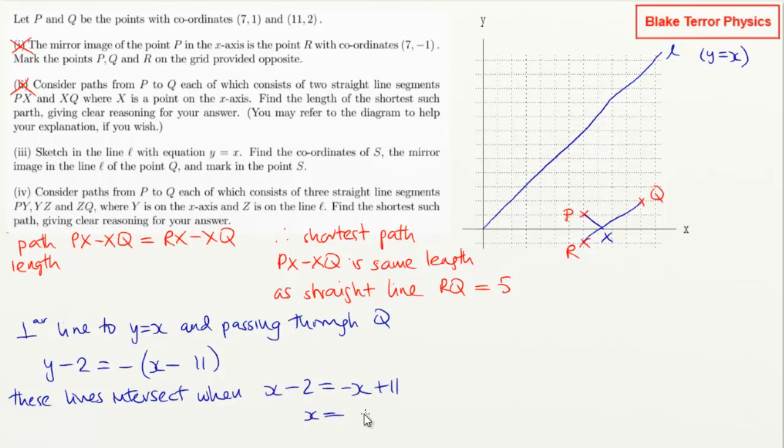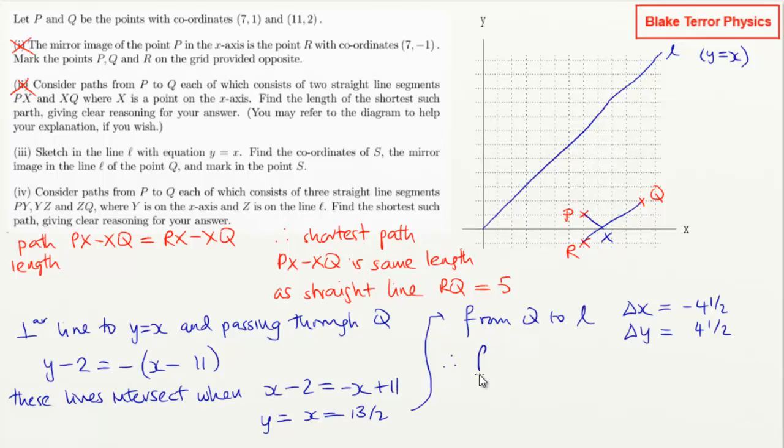So x equals 13 over 2, that's also equal to y. So from Q to L, what have we gone from? We've gone from 11 to 6.5 in x, so delta x is minus 4.5, and delta y, we've gone from 2 to 6.5, so it's plus 4.5.